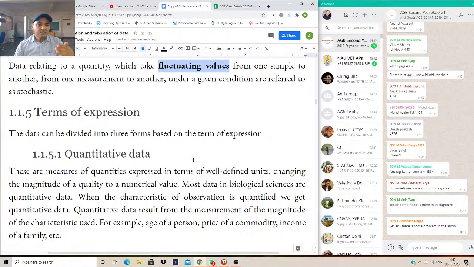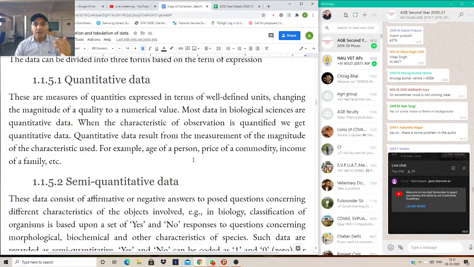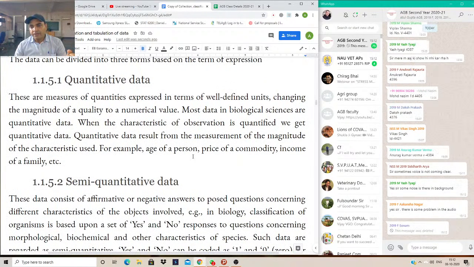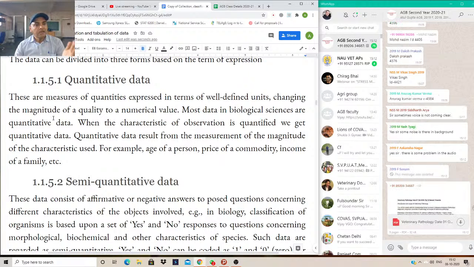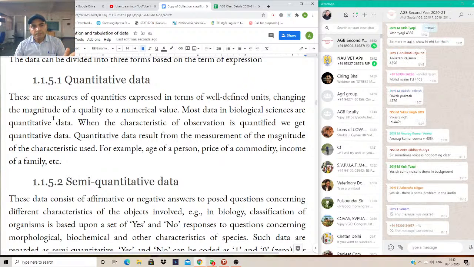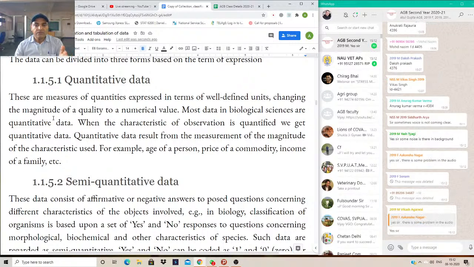So, on the basis of expression, a data can be quantitative data. And quantitative data are measures of quantities expressed in terms of well-defined units.